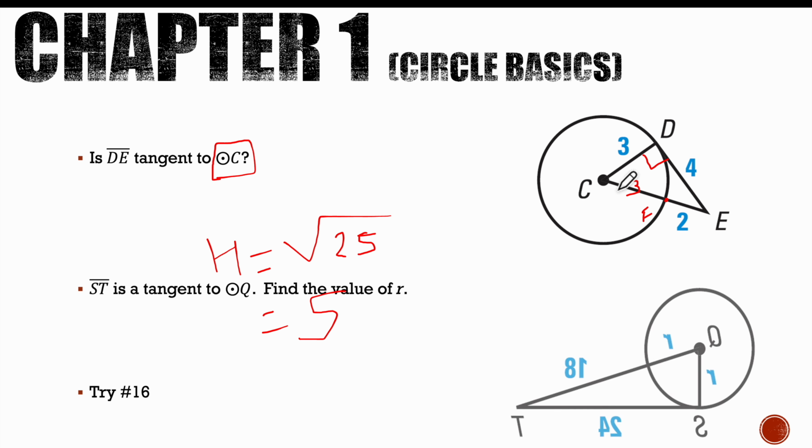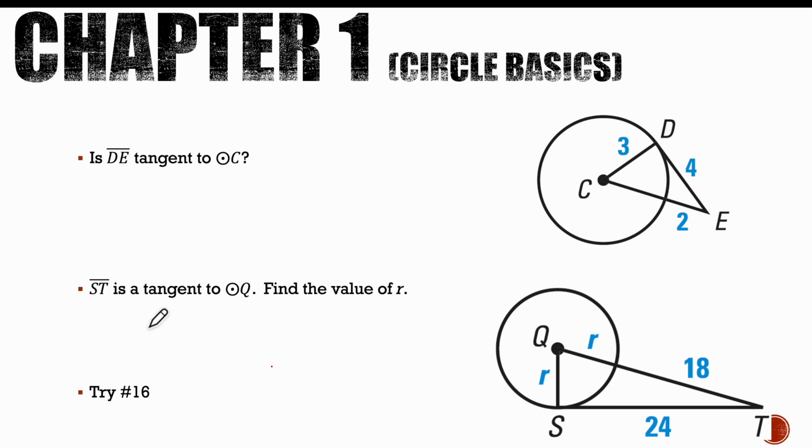Okay, so this is another question. Second question, ST is a tangent to a circle with center Q. So ST is a tangent. Find the value of r. In this question, you have to apply the Pythagorean theorem one more time. So r square plus 24 square would be equal to (r plus 18) square.